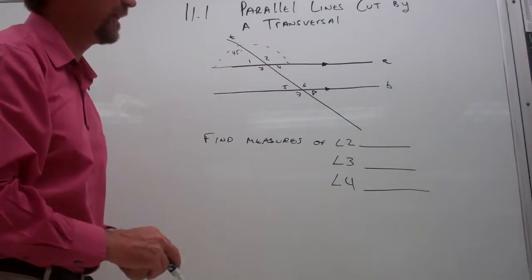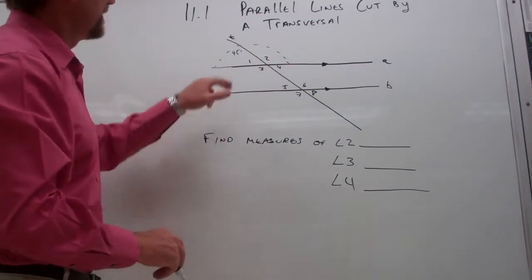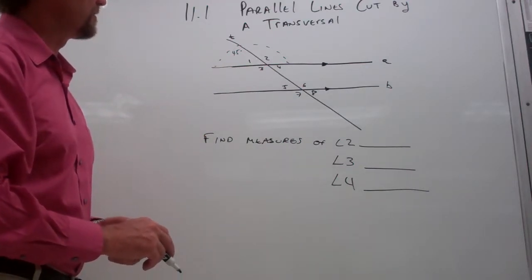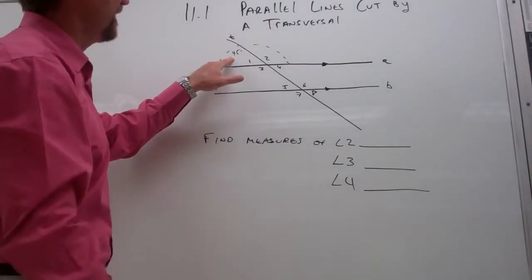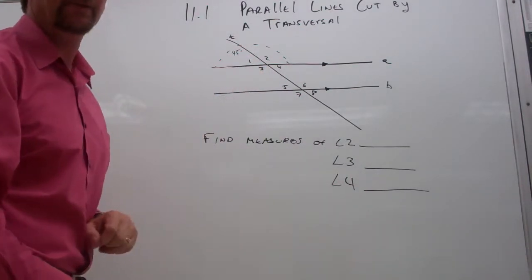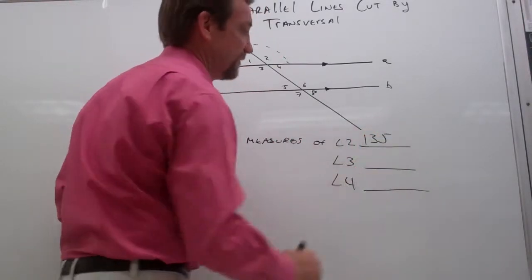There are 2 angles that have a sum of 180 degrees. Since angle 1 is 45 degrees, if we take 180 degrees and subtract the 45 degrees, that means angle 2 is 135 degrees.